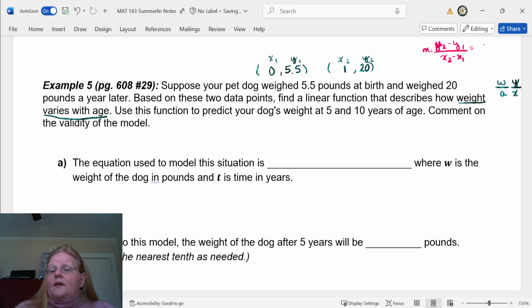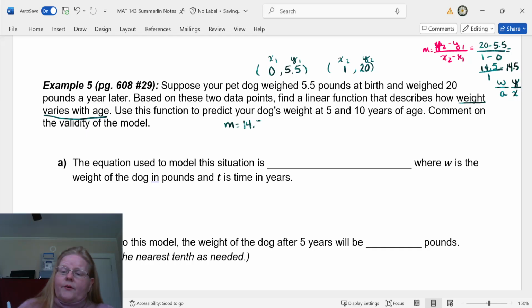So in this case, we have our y2 is 20 minus our y1 is 5.5 over our x2 is 1 minus our x1 is 0. That gives us 14.5 over 1, which is just 14.5 for our slope. So our m equals 14.5.